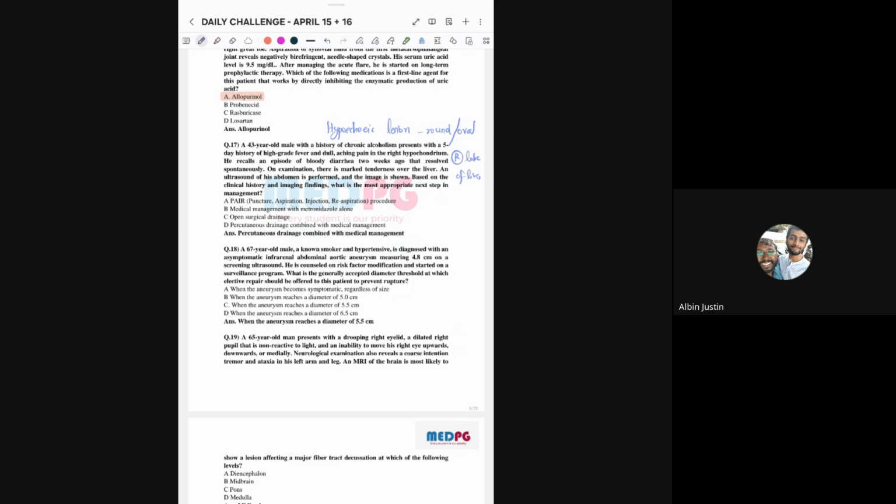So the diagnosis is amebiasis, extra-intestinal amebiasis. The standard treatment would be metronidazole.